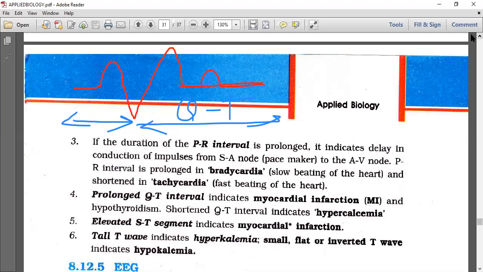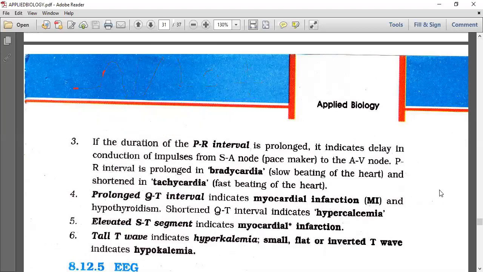A shortened QT interval indicates hypercalcemia, calcium levels increased. Okay, elevated ST segment. Where do you find the ST segment? We are seeing the PR segment and ST segment.